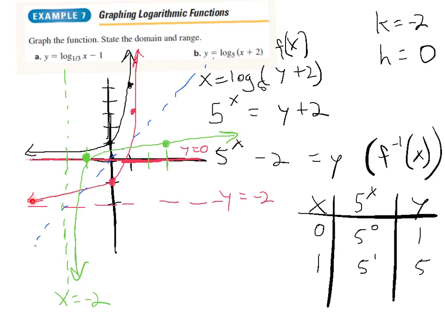Then we take our final exponential guy, which is our inverse function at the moment, and we flip it across y equals x, which becomes our logarithmic function here. So your green function is y equals log base 5 of x plus 2.